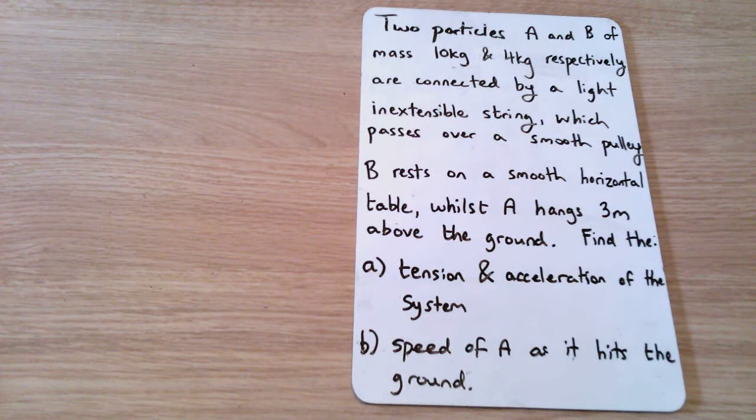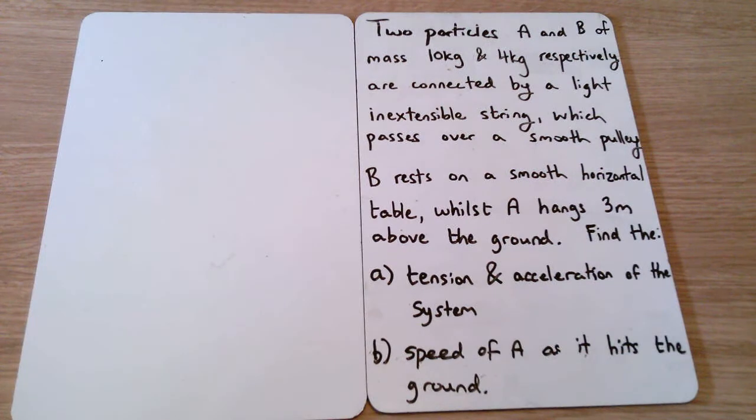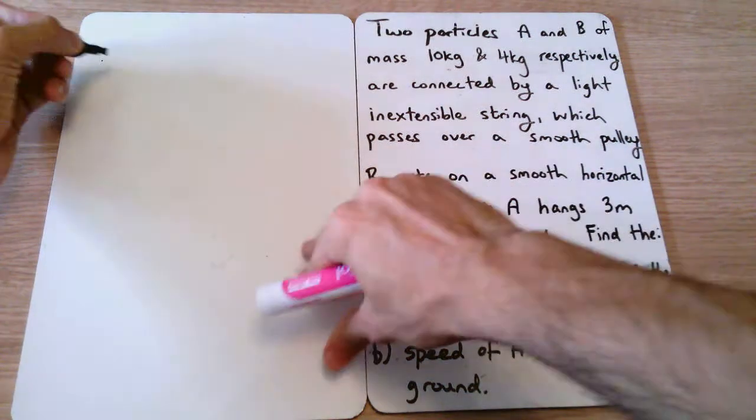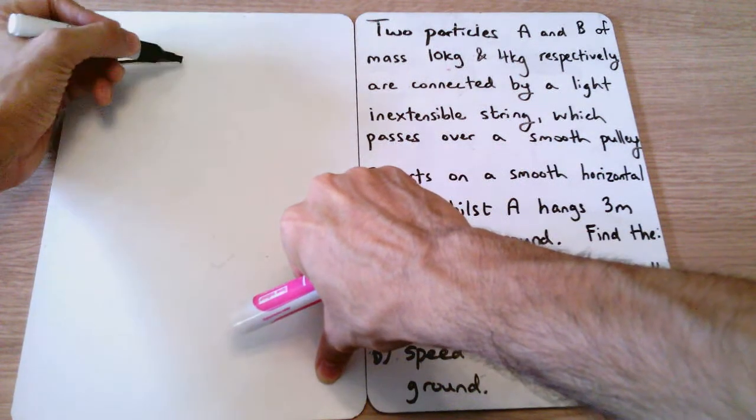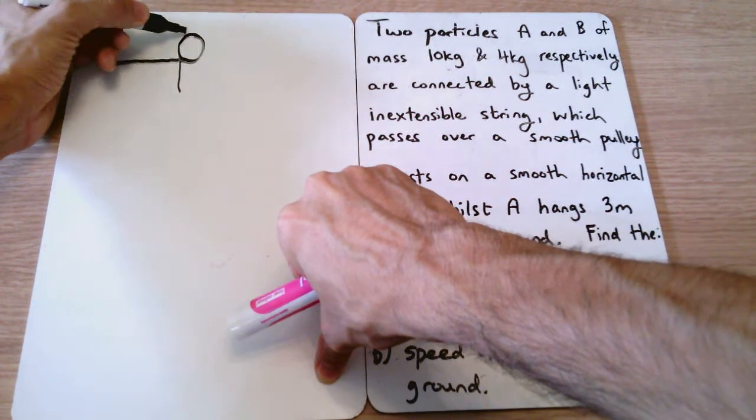Now B, which is the second particle, rests on a smooth horizontal table, and A hangs 3 meters above the ground. So a little bit different this time around. It's saying that B is on a smooth horizontal table. What that means is when I draw a diagram, I have to have a smooth horizontal table over here, and I've got my pulley system up here.